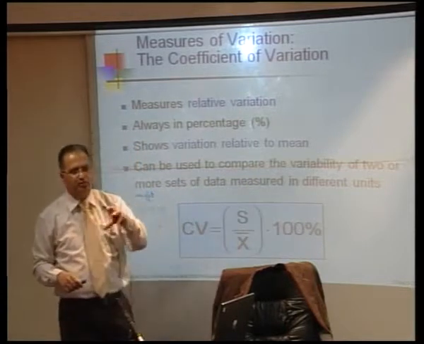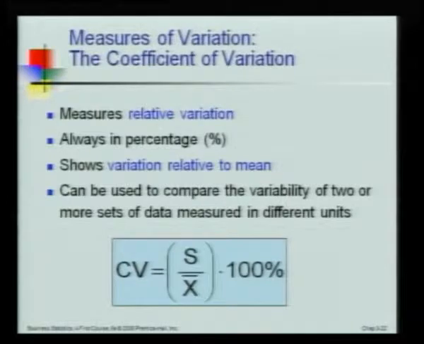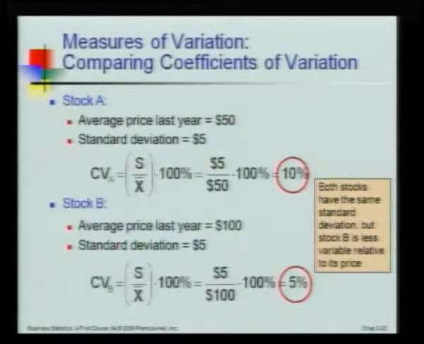So we have to compute both the mean and the standard deviation in order to compute CV. S divided by X bar multiplied by 100 gives the coefficient of variation. Now, for example, suppose we have two stock markets, stock A and stock B. Let's say that the average price last year for stock A was $50 and the standard deviation was 5.